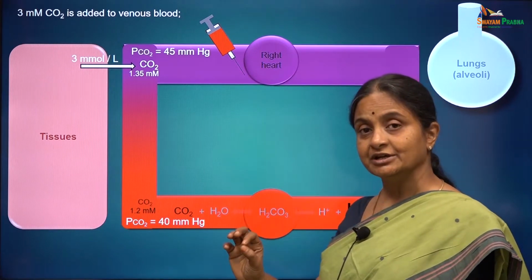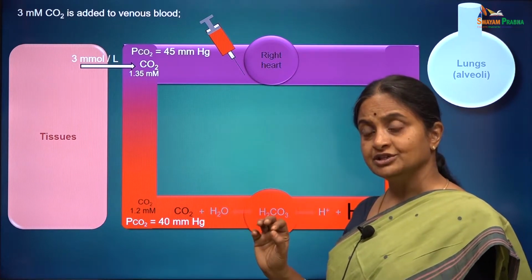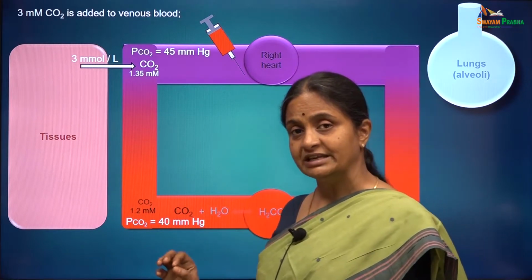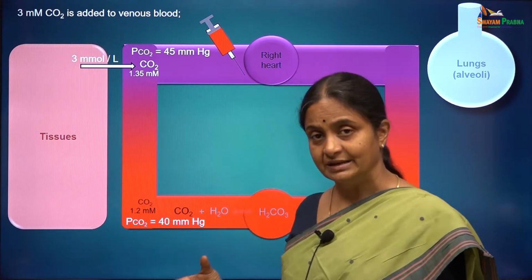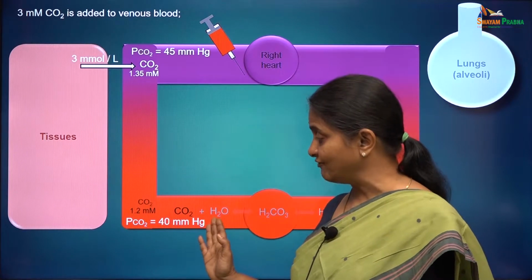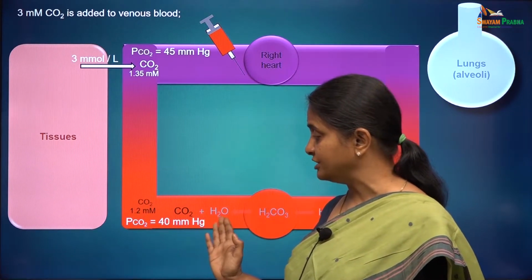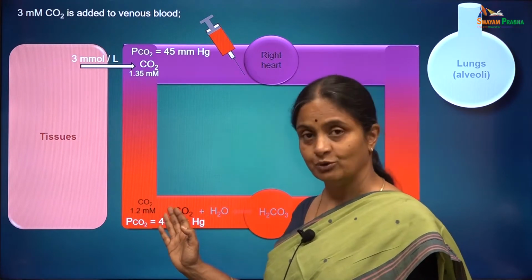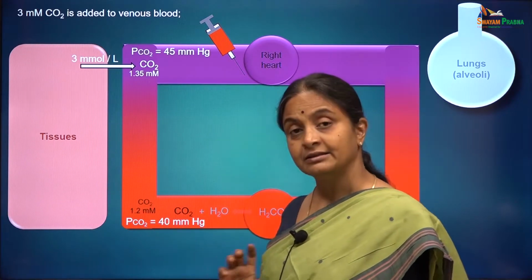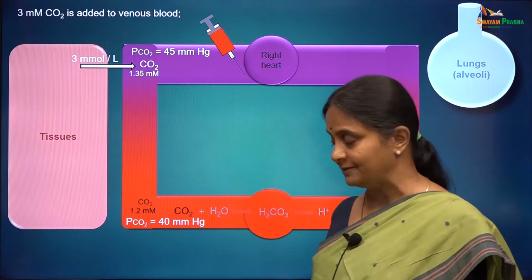For every millimeter mercury partial pressure, 0.03 millimoles per liter will be dissolved in liquid, and therefore, for a PCO2 of 40 millimeters mercury, we get 40 into 0.03, 1.2 millimoles per liter carbon dioxide. The conversion factor is 0.03.